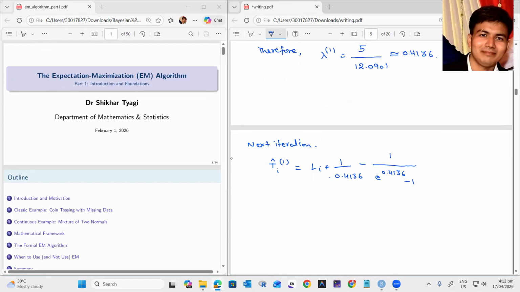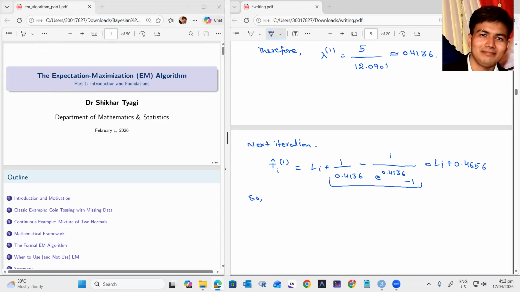After solving this portion, which you can do by calculator on your own, you will get approximately Li plus 0.4656.